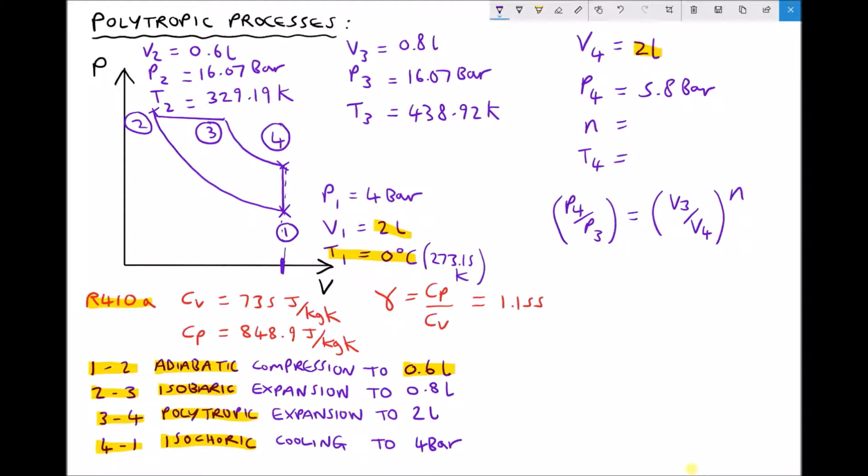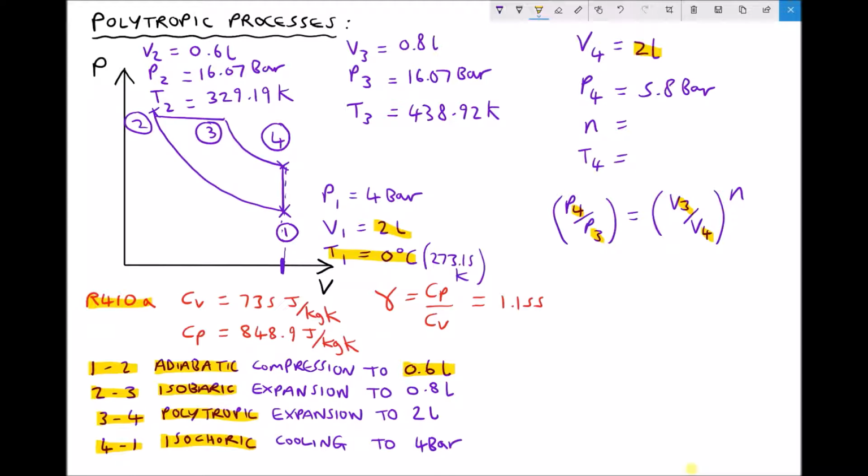The only difference between the formula that I've written there and the formula on your equations and information sheet is that I've replaced P2 and V2 with P4 and V4, and I've replaced P1 and V1 with P3 and V3. All we're doing is we're looking at the start and end of that process and relating it to the cycle that we have described on the screen.